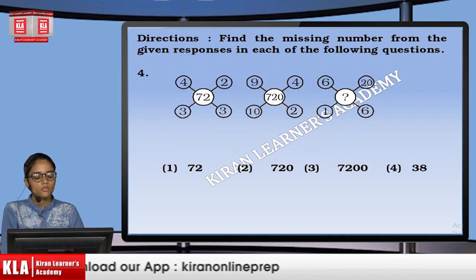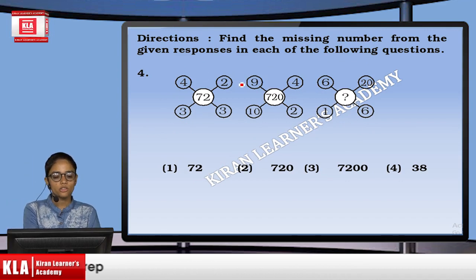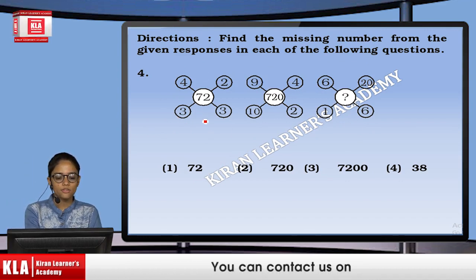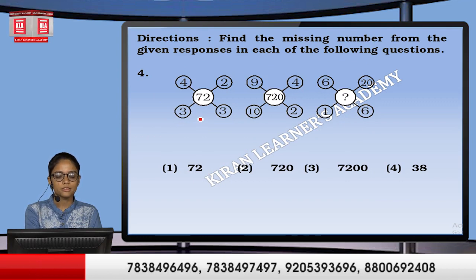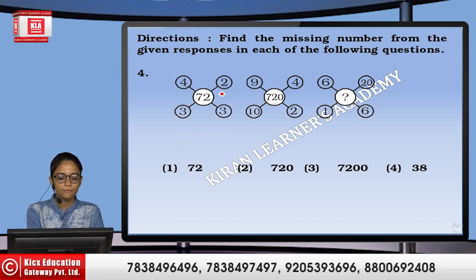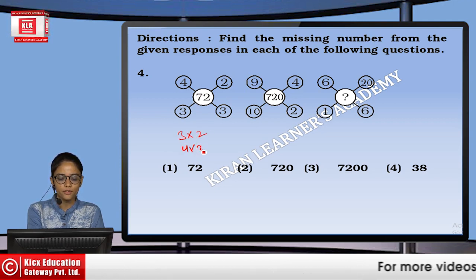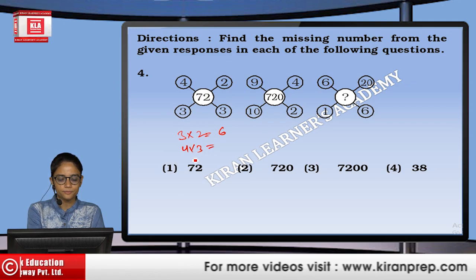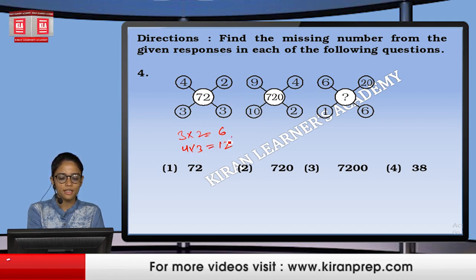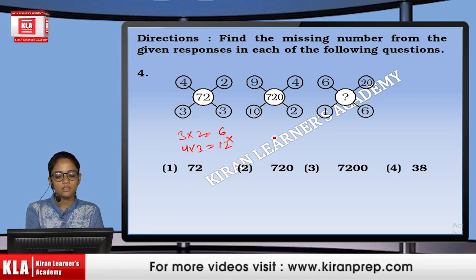Next, now we have to get the 72 out of all the 3 numbers, as the 4 numbers outside are very much smaller than this. We can again apply multiplication: 3 into 2, 4 into 3, that is 6. This is 12, and then again multiplication, we will get 72.